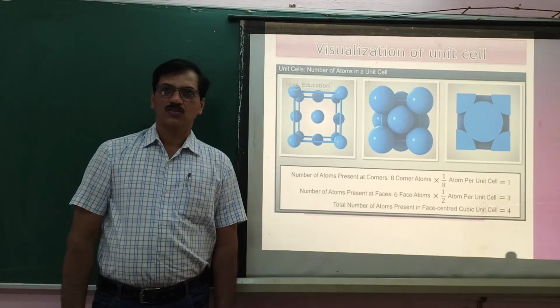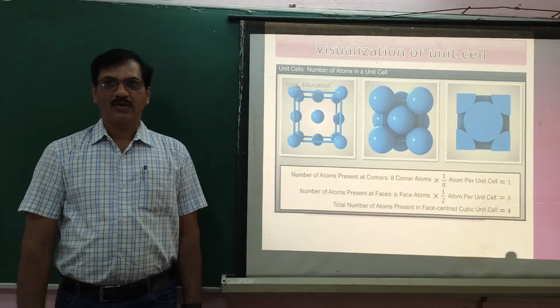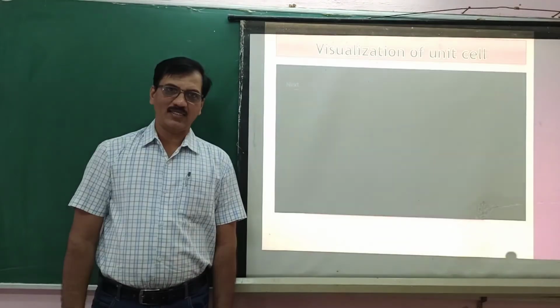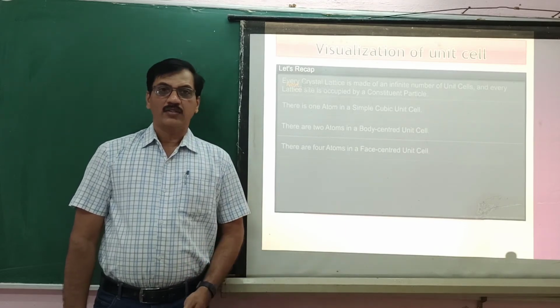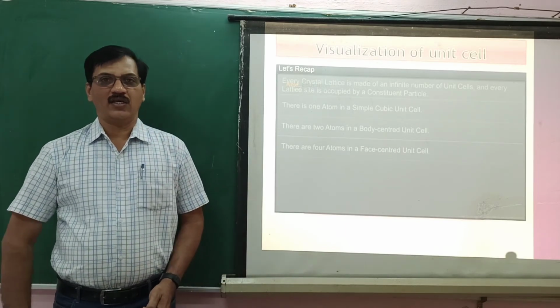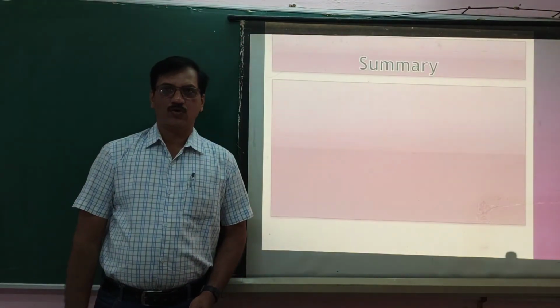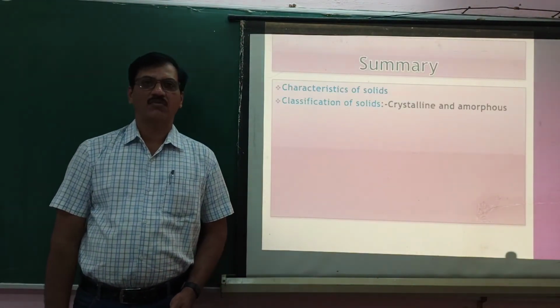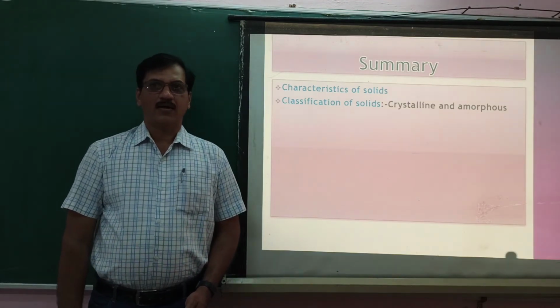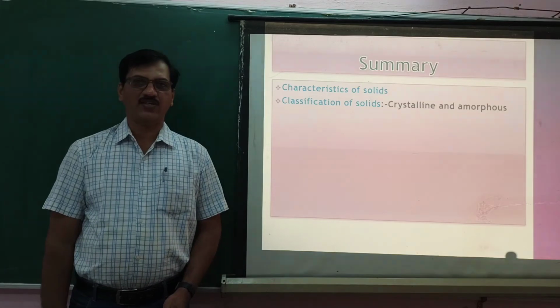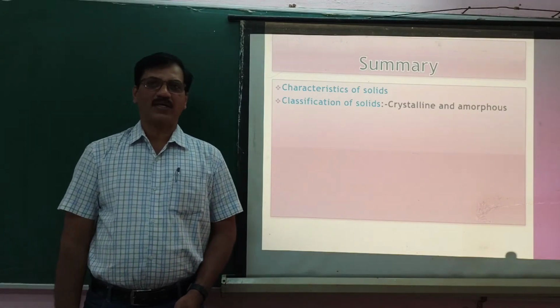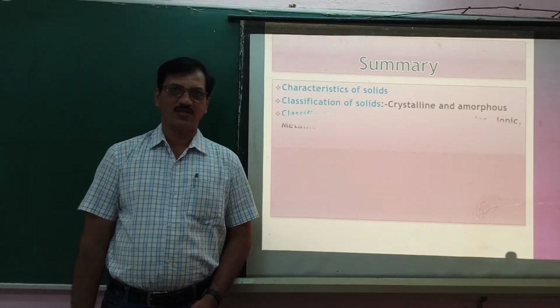The number of atoms per unit cell is an important concept in order to determine the density of a solid. We quickly look into what we have revised so far. Characteristics of solids: we have seen the classification of solids. Solids can be classified as crystalline or amorphous.